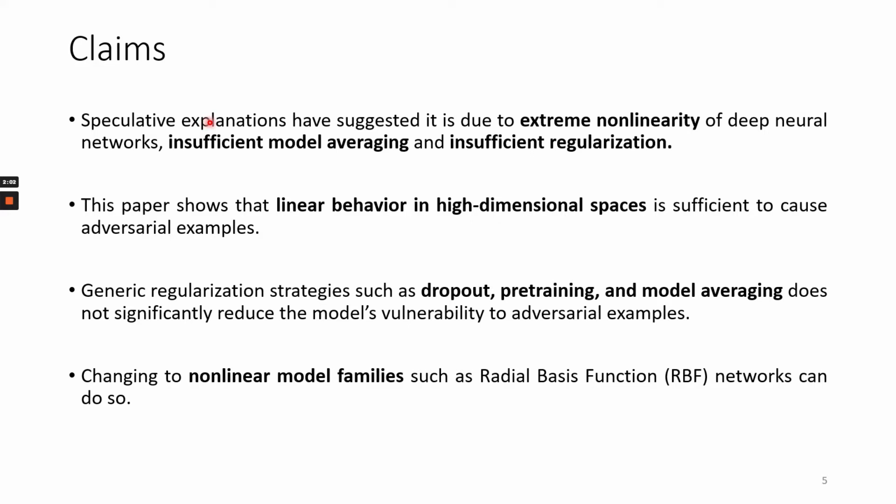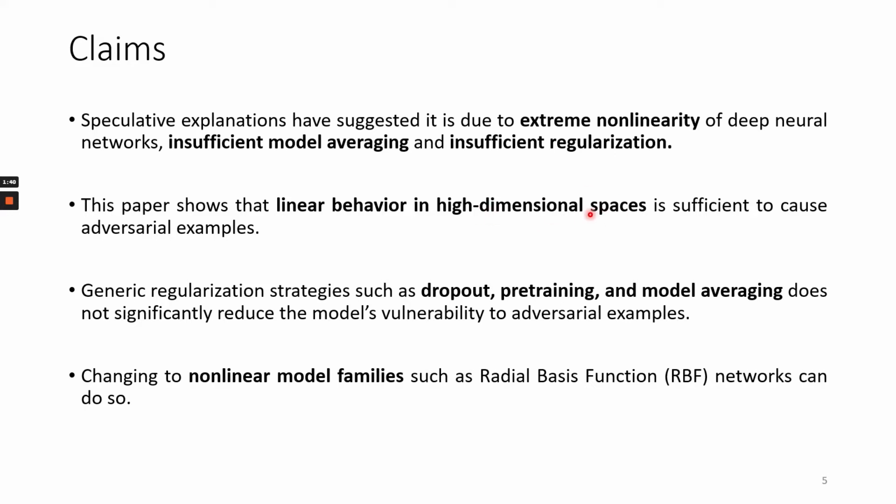Also, insufficient model averaging and insufficient regularization could be a reason behind these models being unable to classify the images correctly. But the authors of this paper said that no, it's the linear behavior in high dimensional spaces that is causing the models to be fooled.